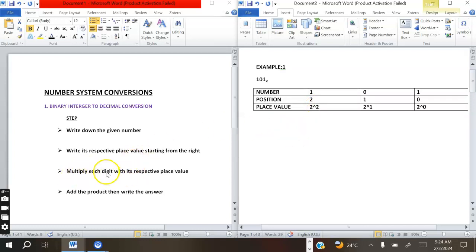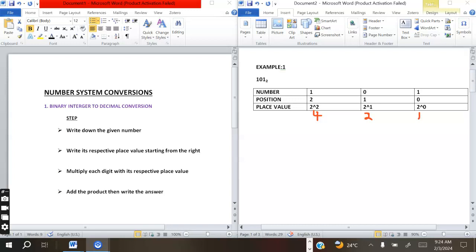Then after that, you multiply each digit with its respective place value. 2 raised to power 2, this is, oh no, sorry, this one is supposed to be 4, while 2 raised to power 1 is 2, while 2 raised to power 0 is always 1.